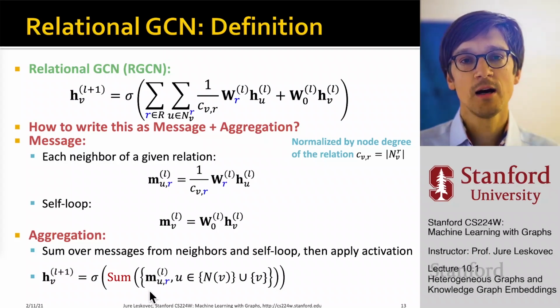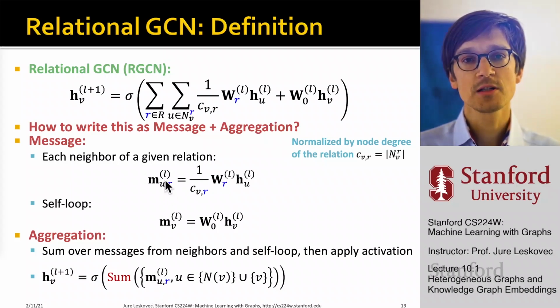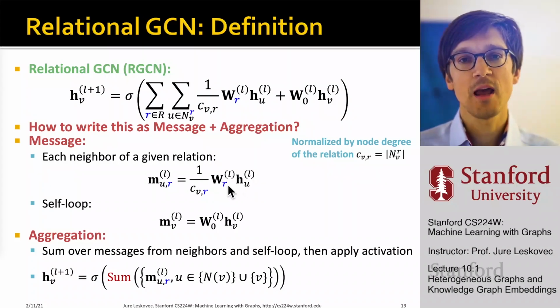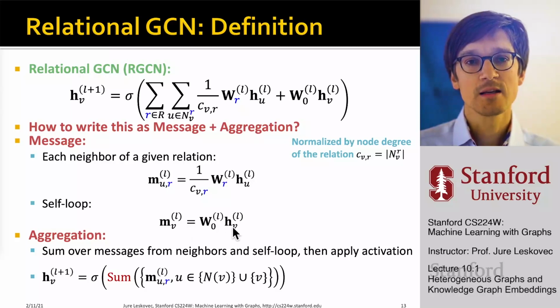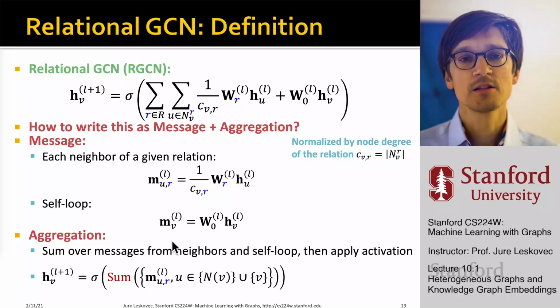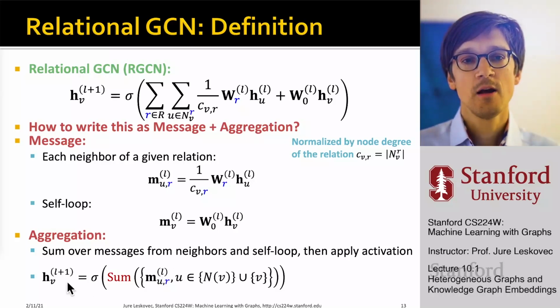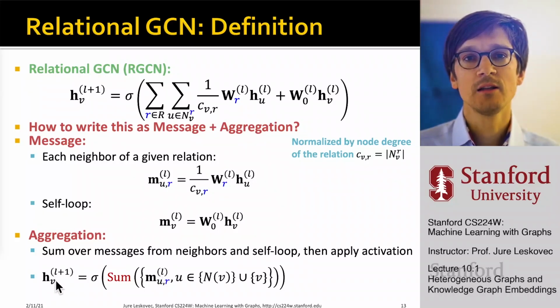We take these transformed messages based on the embeddings from the neighbors from the previous layer, where the transformation is relation specific, as well as the node's own embedding from the previous layer transformed. We add all this together to get the embedding at the next layer.